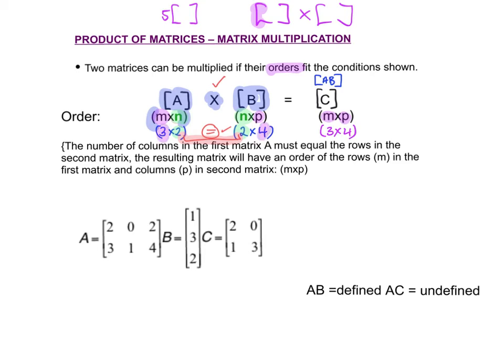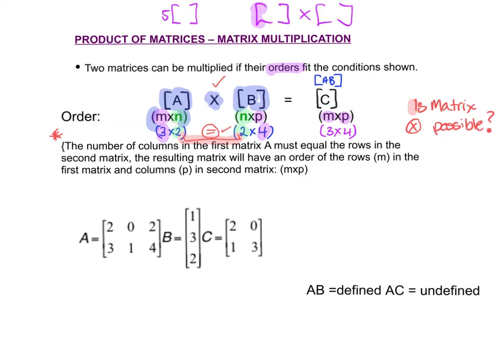Okay? So often they ask you, is matrix multiplication possible? So they might say, can you multiply these two together? If they ask you that, you have to write this statement. You've got it in your notes. Write it exactly how it is written there, okay?